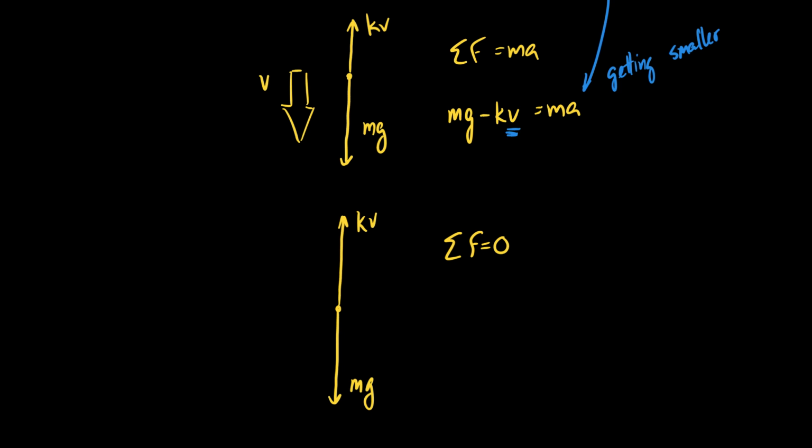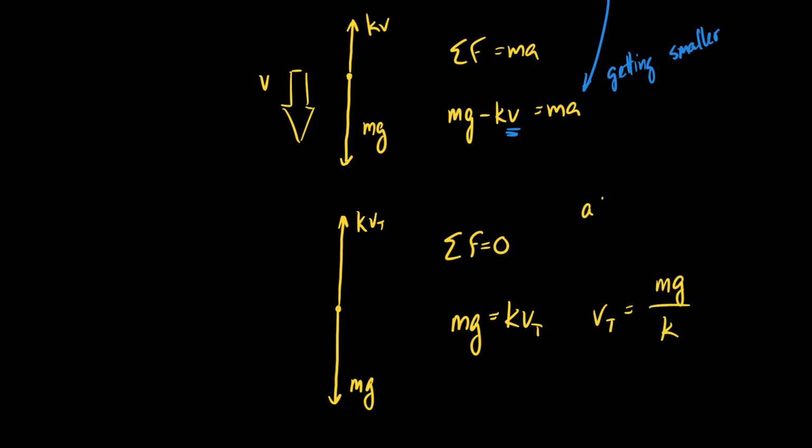When we reach that point, this is what's known as terminal velocity, because it's not going to increase after this. After this point, the net force is 0. So there's no acceleration. And therefore, mg equals kv, suggesting that the terminal velocity will be equal to mg divided by k.